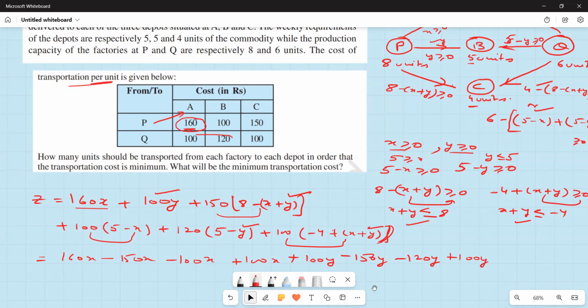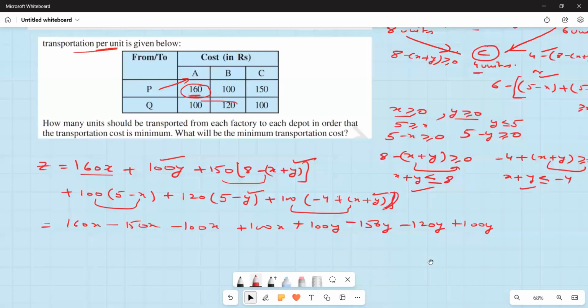Now the constant terms. 150 into 8 minus 0.8 is 1200. So this is plus 1200. Then 100 into 5 is plus 500. Then this 600. This 500 is here. This 600 is here. Then minus 400. So this will give you the objective function. The 160, 100 cancel.